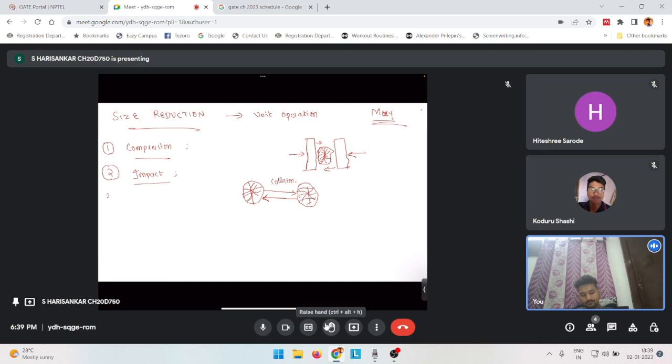Then you have something called attrition. Let's take two particles again, either the same or different. Instead of directly colliding with each other, they rub against each other. The forces will be somewhat tangential to the surface of these particles.